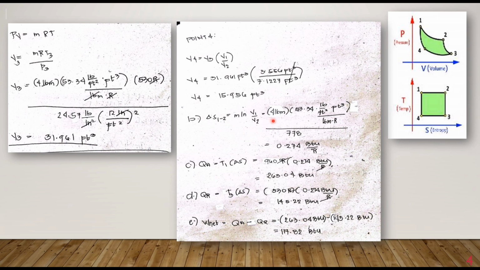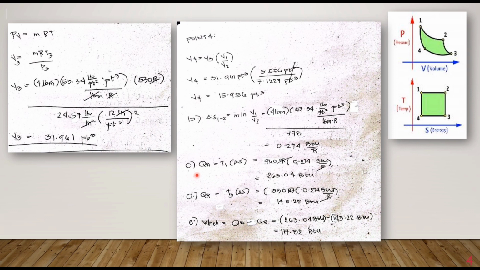So we have 4 lbm times 53.34 pound feet squared times cubic feet over lbm times R over 778. So we get change in entropy is equal to 0.274 BTU over Rankine.